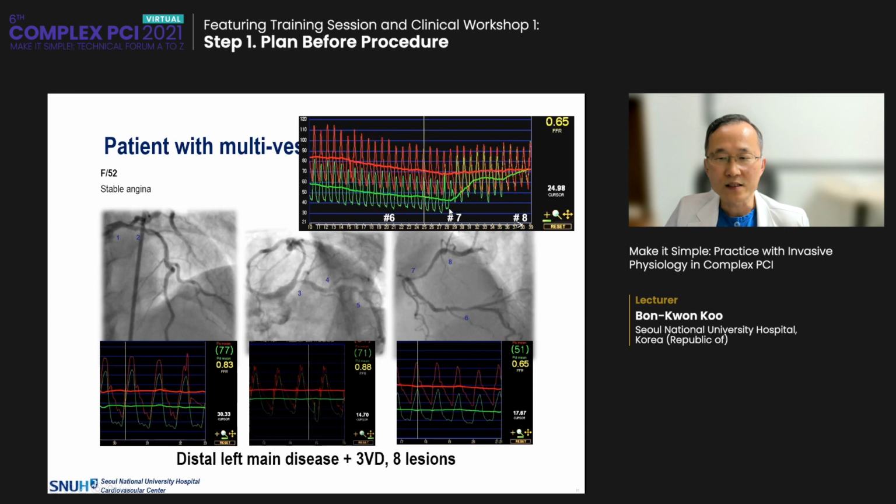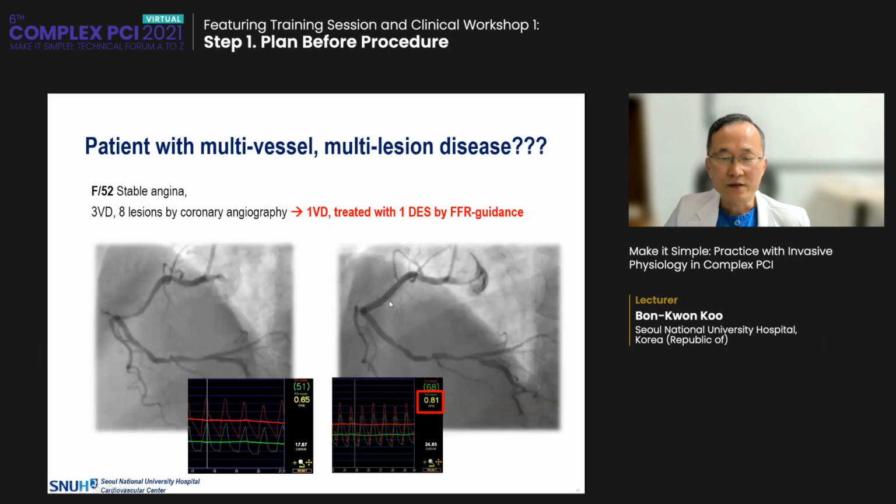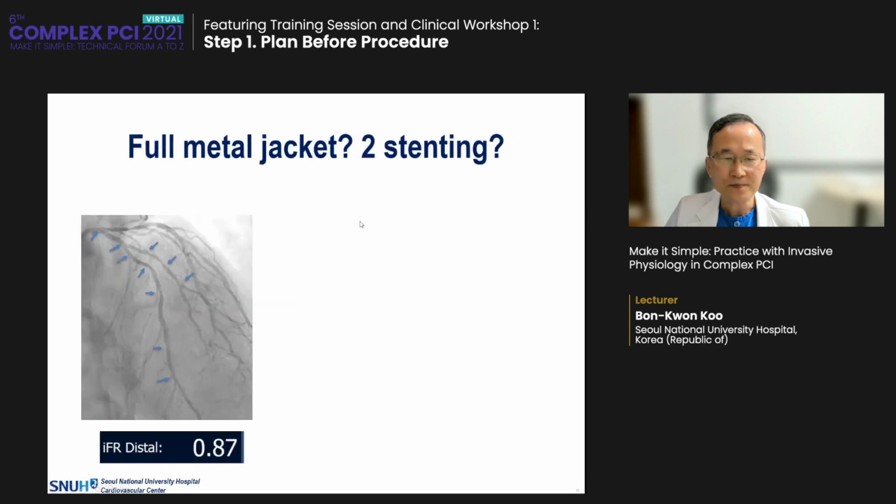And you see that there is a big step up at lesion number 7. So this should be the first target. After stent implantation, FFR became 0.81. So by angio, the patient had left main triple vessel disease and 8 lesions, and after physiologic assessment, the patient was now coded as a 1 vessel disease, fixed with 1 DES by FFR guidance.